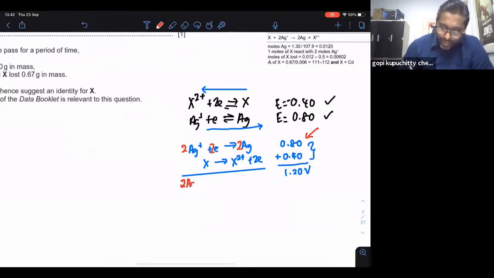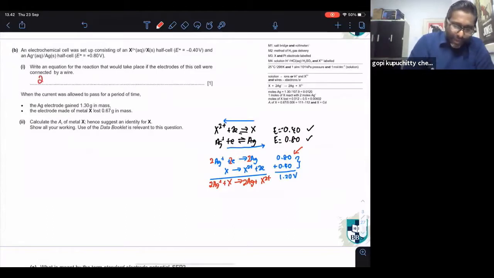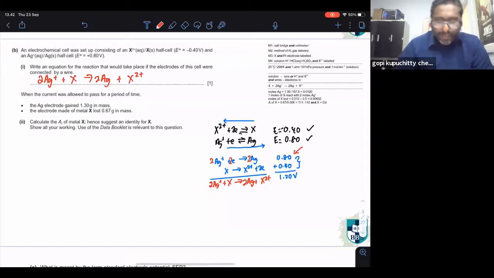You will have 2 Ag plus X to give you 2 Ag plus X2 plus. So this is the one that they are asking. Write the equation. The equation that you write is 2Ag plus X to give you 2Ag plus X2 plus.